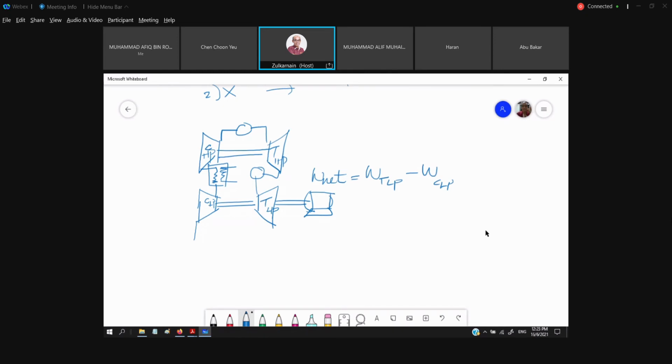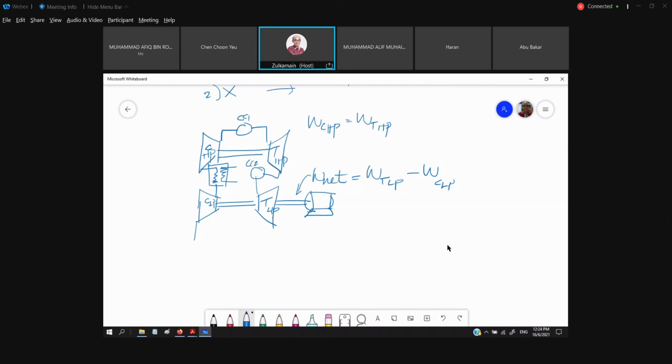In this case, the W compressor high pressure is equal to the W turbine high pressure. But for this shaft, W net equals WTLP minus WCLP. This is combustion chamber number one. This is combustion chamber number two.